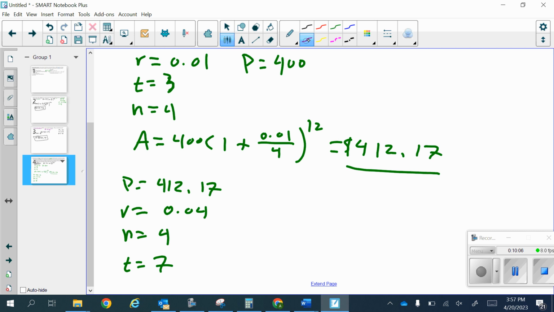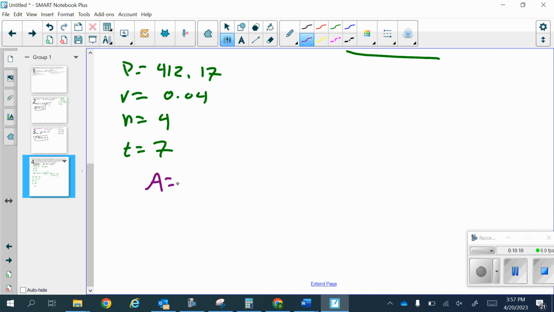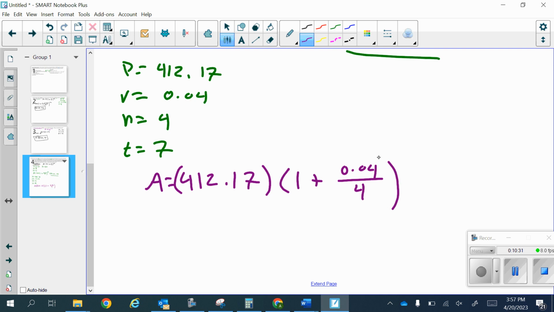So when you plug all this in, we get that our A, or the amount of money Teresa will have in her bank account after a total of 10 years, is $412.17, her principal amount for the next 7 years, multiplied by 1 plus R, which is 0.04, divided by my N of 4, all raised to N times T, 7 times 4, which is 28.